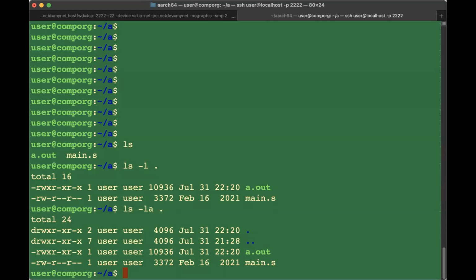So dot and dot dot don't explicitly name a directory, they implicitly name directories. Dot means the directory you're in, and dot dot means your parent. Remember, it's a hierarchical file system. So like nodes in a tree, everybody's got a parent except for the root node.